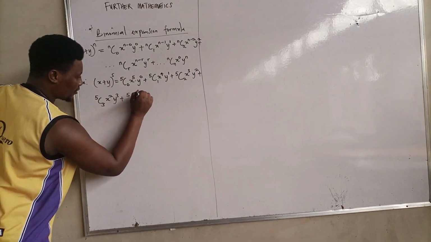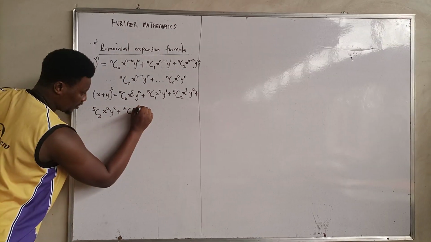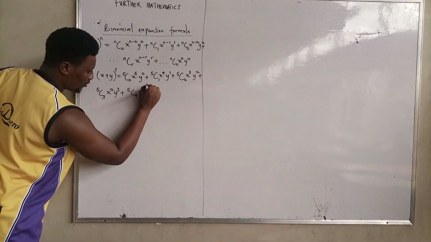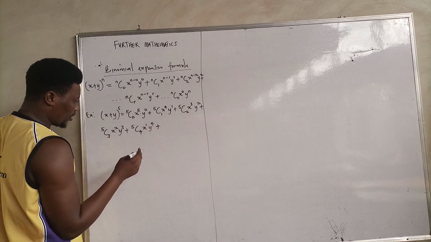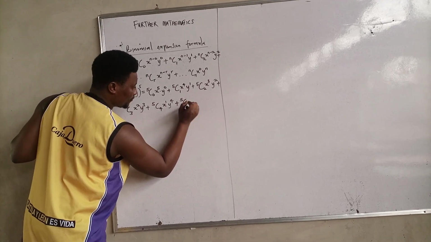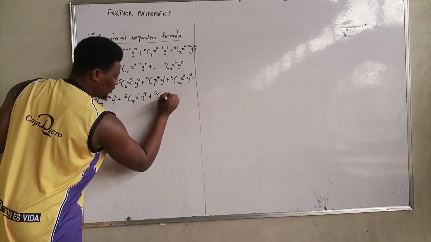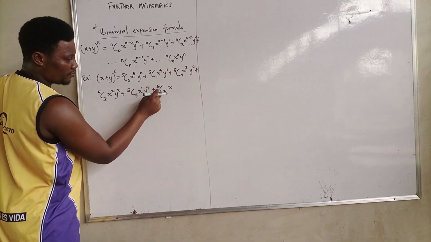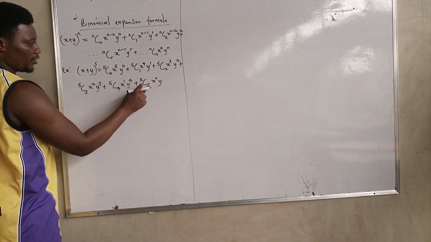Then x will be 5 minus 4, which is 1, and y has the power of 4. Lastly, we have exhausted our combination. That is 5 combination 5. By that time, x will have the power of 0, 5 minus 5, which is 0, and y will have the power of 5.